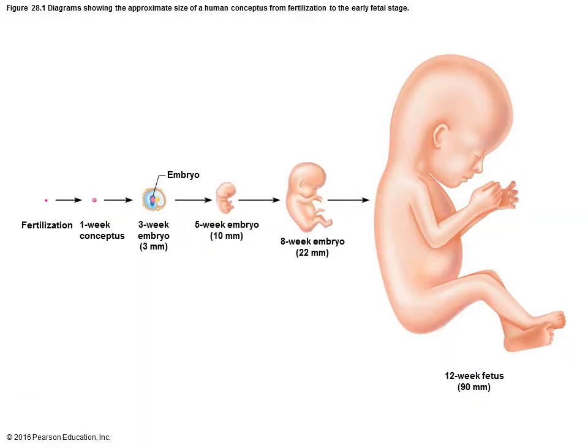This diagram shows approximate size from fertilization, 1 week, the 3-week embryo, to the 5-week embryo up to 12 weeks, which is about 90 millimeters in size.